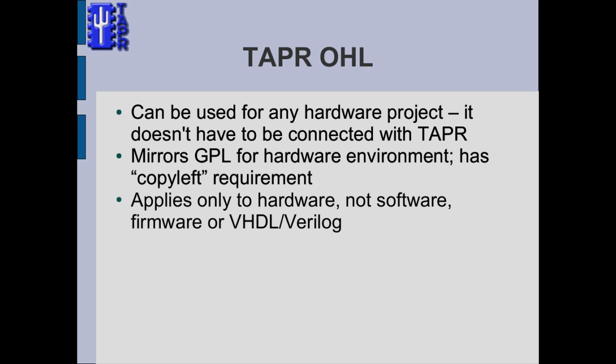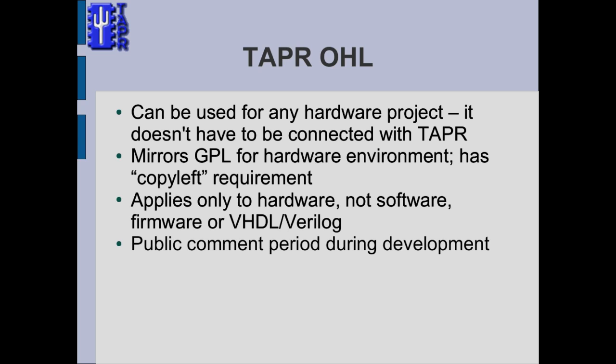I think one of the really interesting things about the OHL is that not only is it a license for open projects, it was itself an open project. The development was started by a group of about 8 developers with several lawyers who were my colleagues and friends and real experts in various parts of this field contributing. But once we had a draft, we had a public comment period where the text was posted on a website that had a forum function, and we encouraged comments.